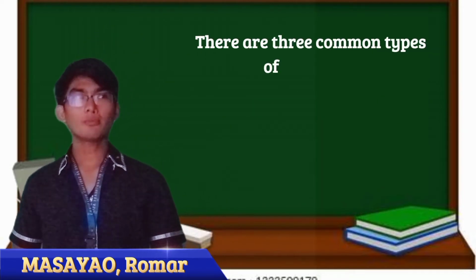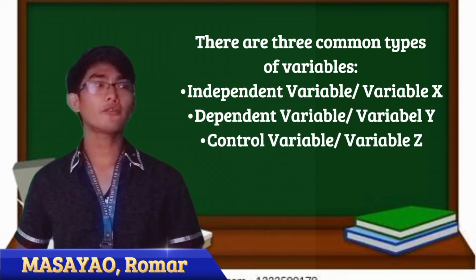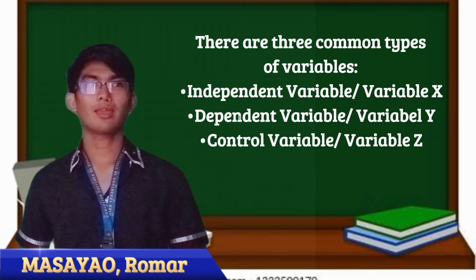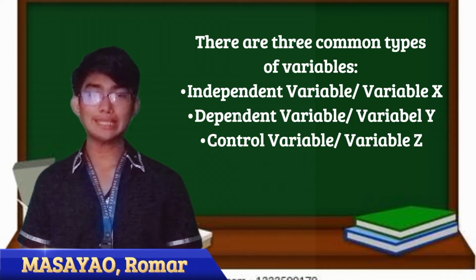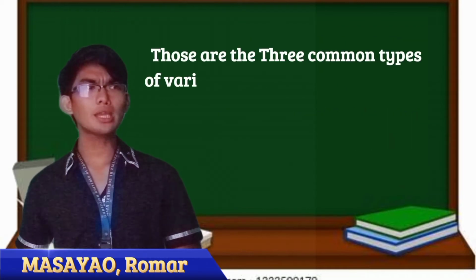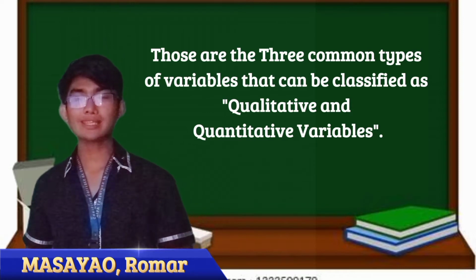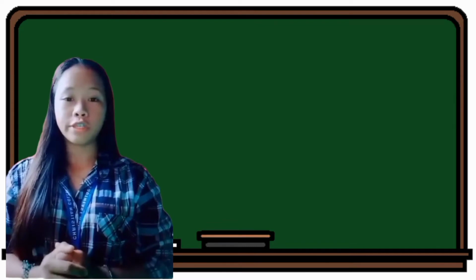There are three common types of variables: independent variables or variable X, dependent variables or variable Y, and lastly, control variables or variable Z. Those are the three common types of variables that can be classified as qualitative variables and quantitative variables.